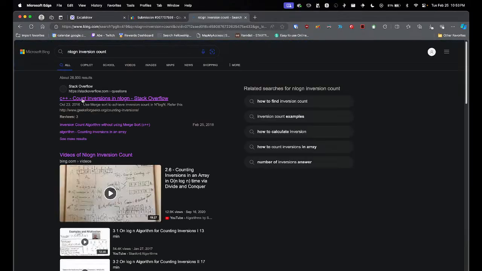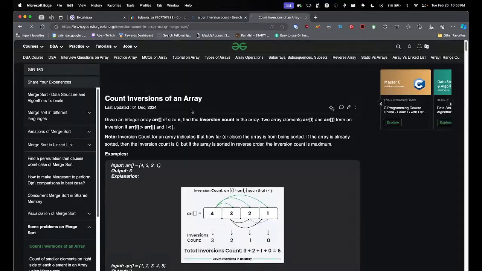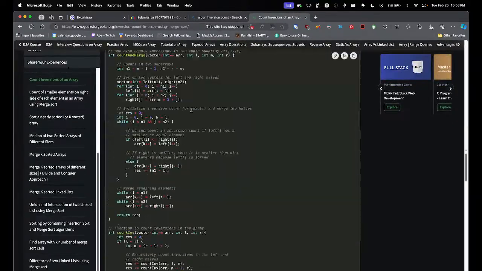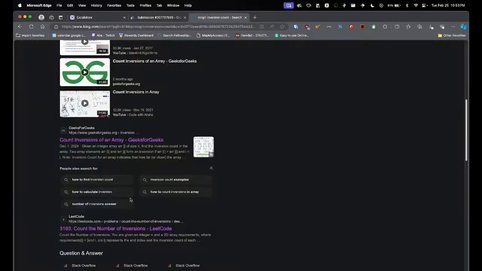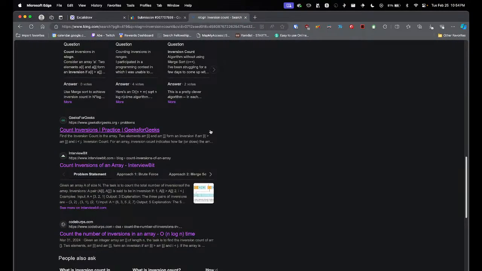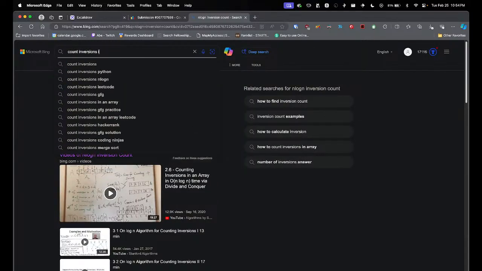Count inversions. Count inversions in n.